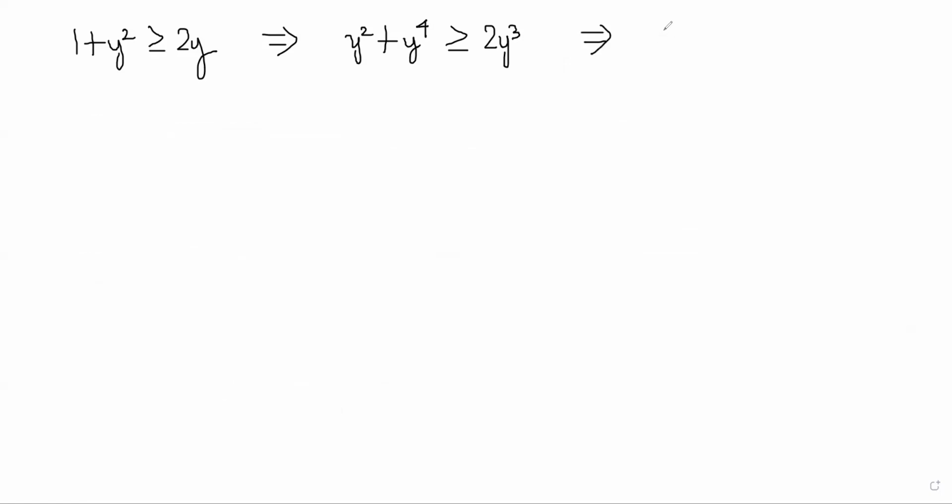We know that 1 plus y square is greater than equal to 2y. This follows directly from AM-GM. So if you multiply by y square throughout, you get y square plus y power 4 is greater than equal to 2y cubed. So therefore, this implies that 4 times y power 4 plus 4y square plus 1 will be greater than 8y cube plus 1. We have multiplied by 4 and added 1.